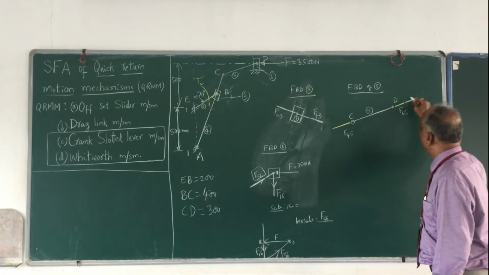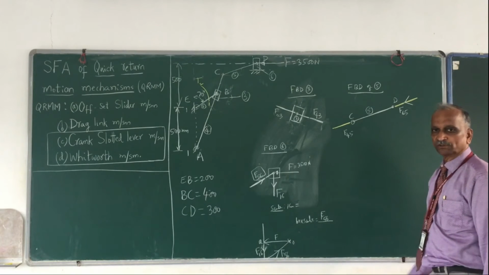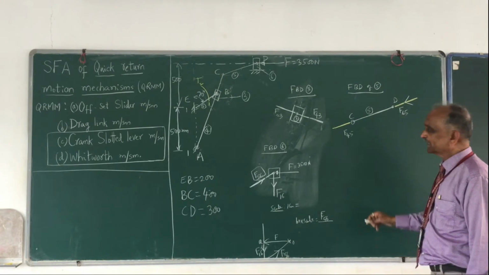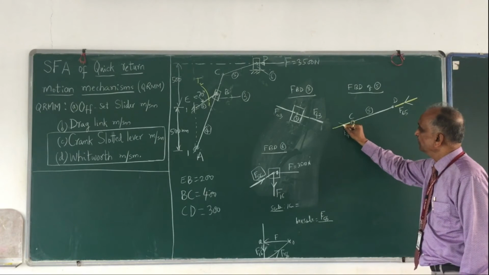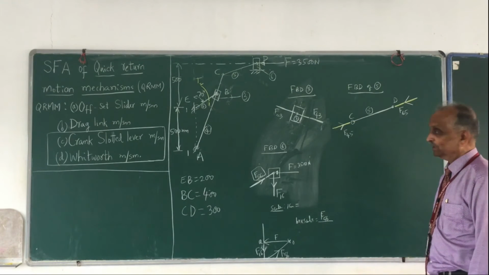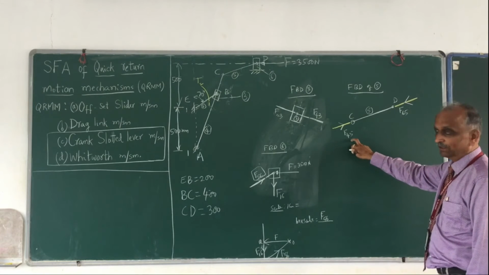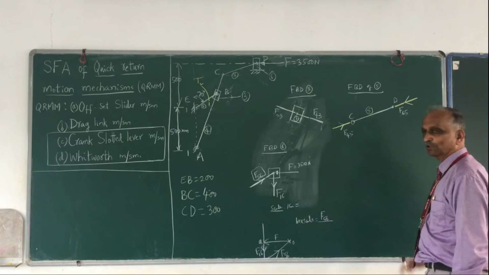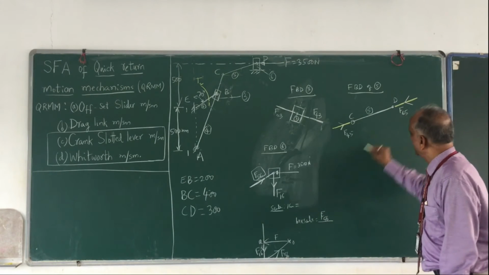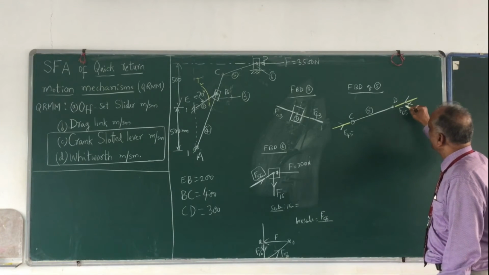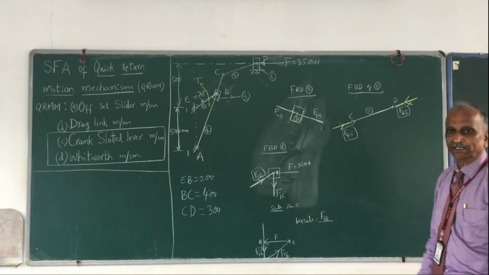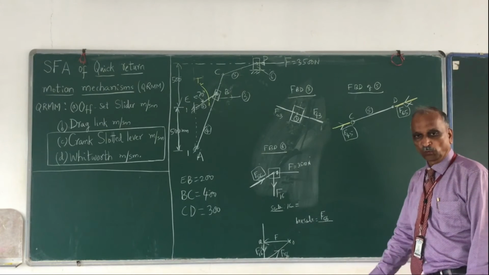F56 is upwards, F65 is downwards. And these are the only two forces, they have to be exactly equal and opposite. Therefore, F45 is like this. F45 is known, then I shall be knowing F54 also, but of course I have not drawn it. Please remember, I know this magnitude and direction, and I also know the magnitude and direction of F45.